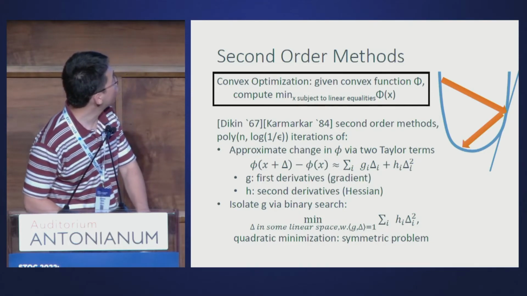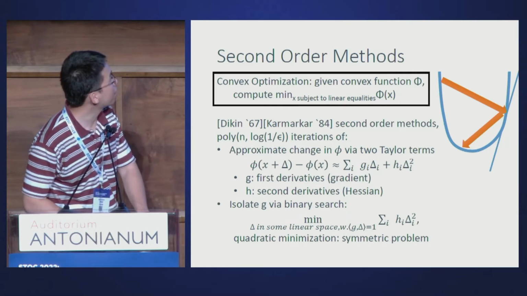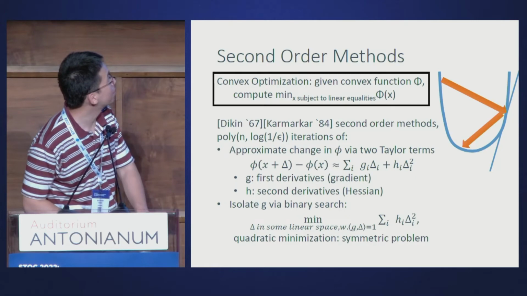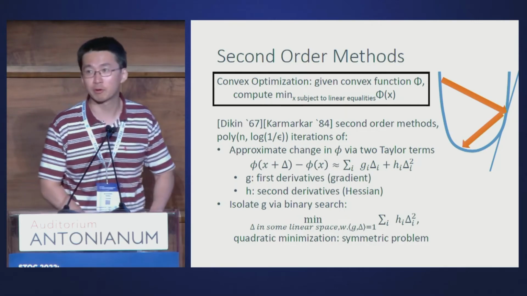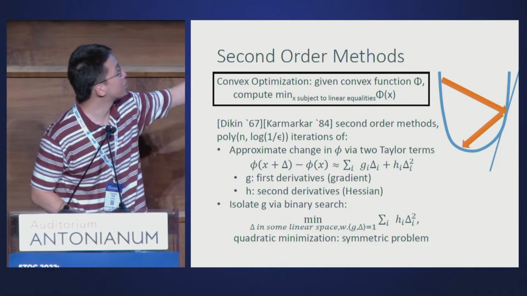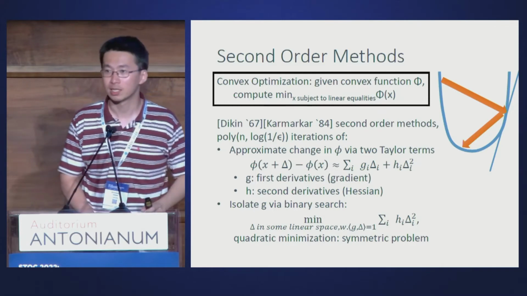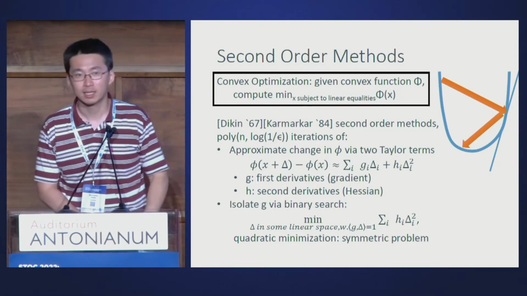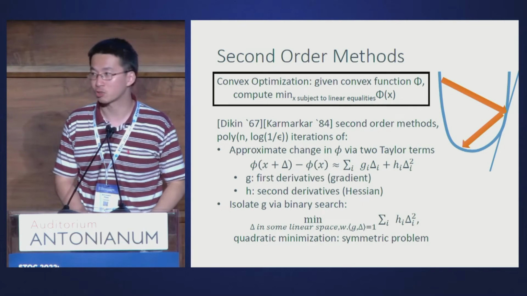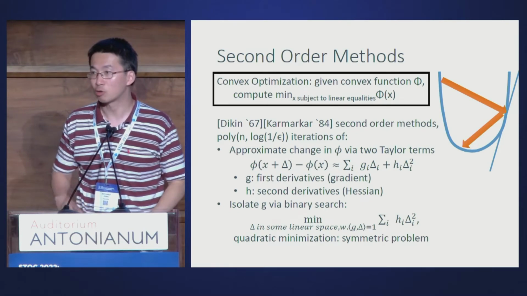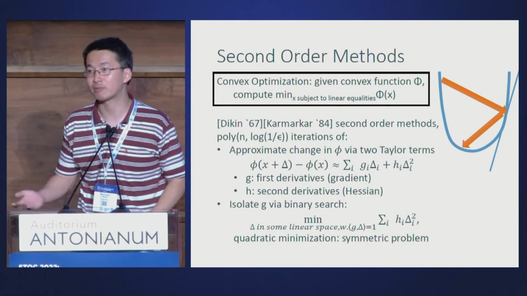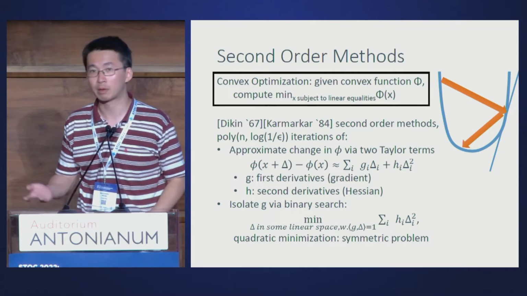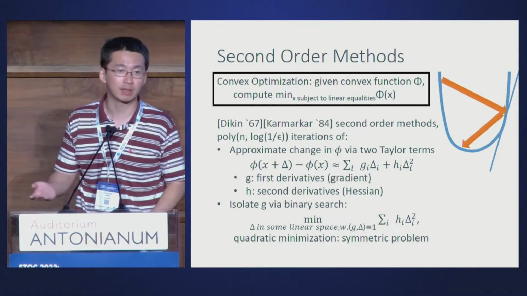And then the other thing that happens is, if you look at the first term, the g_i delta_i term, that's just a linear constraint. The other cool thing about convex functions is that you can binary search. Think about a one-variable convex function: how do I get to the minimizer?